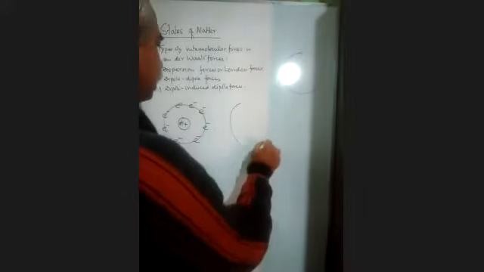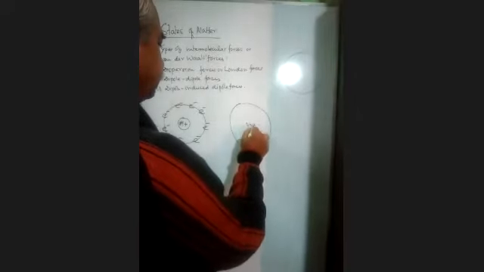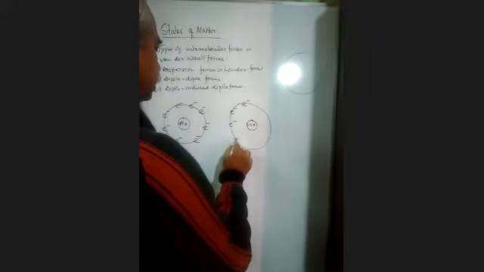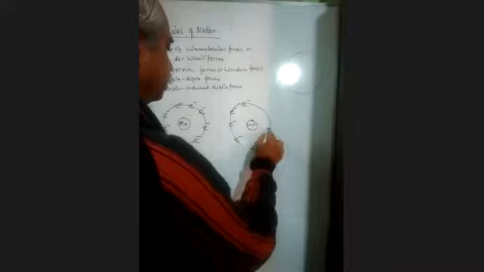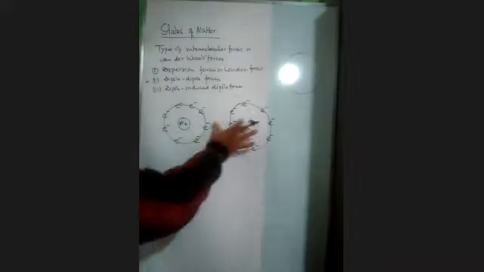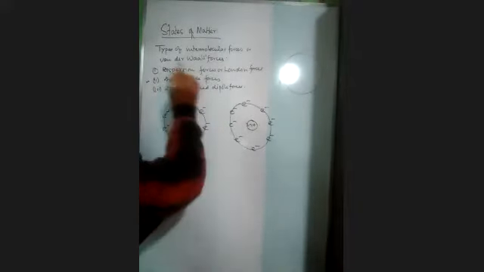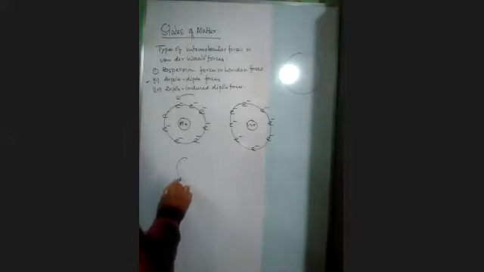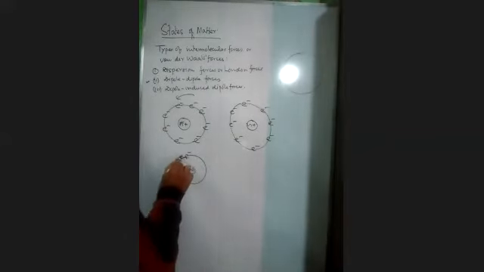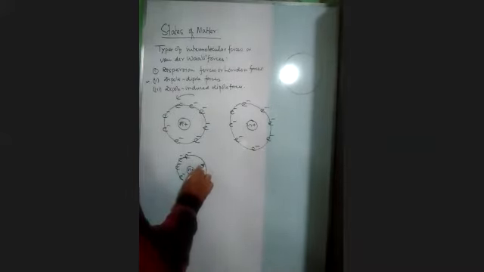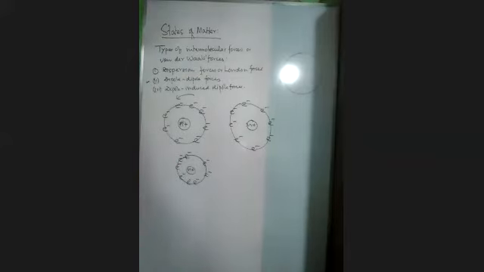So let me draw it again. My drawing is very bad, please excuse me. So this is the normal stage. But in that case, electrons are moving. It may happen that at a certain time, most of the electrons have moved to one side.